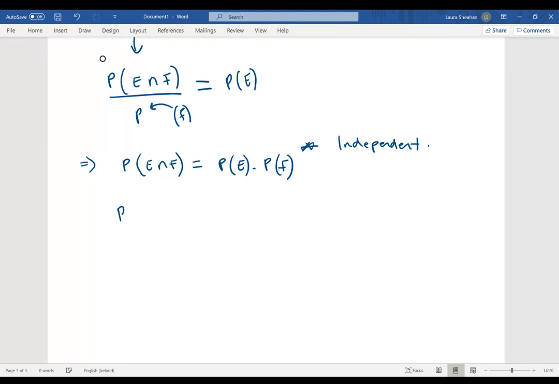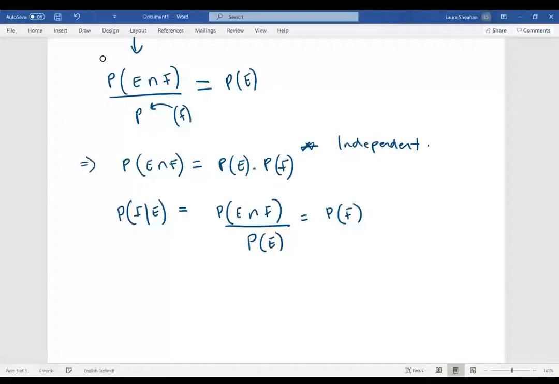But then I also know that the probability of F, given that E has already happened, is equal to the probability of E intersection F over the probability of E. And that would have to equal P of F, because I'm told this.